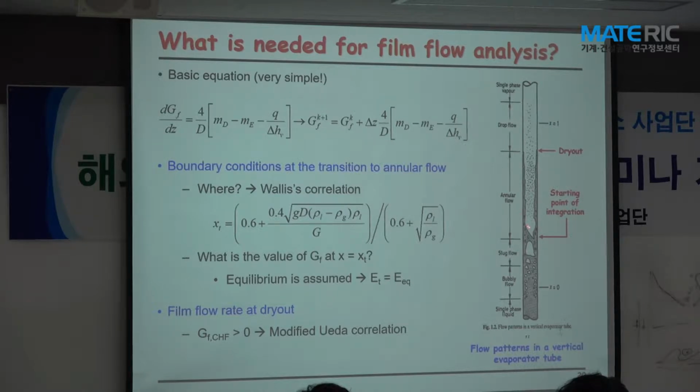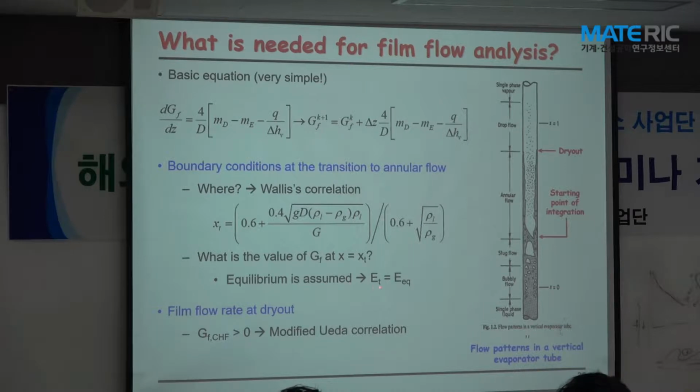In the case of Govan, they assume, I don't remember very well, 90% of the liquid flows as droplets. 90% may be a mistake for 95 or 85. I don't exactly remember the value, but he assumes that the entrainment fraction here is constant.